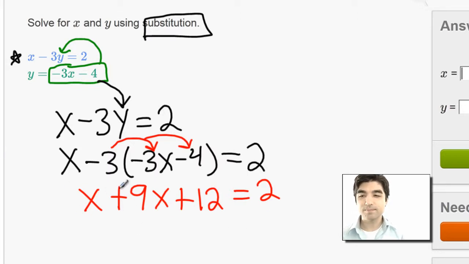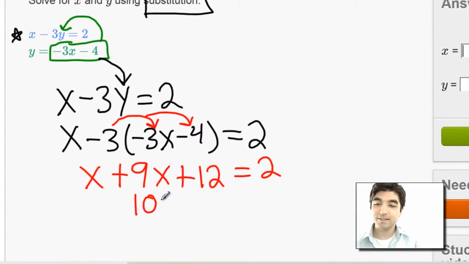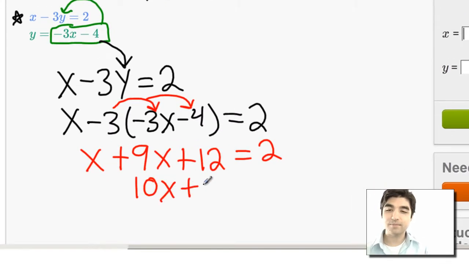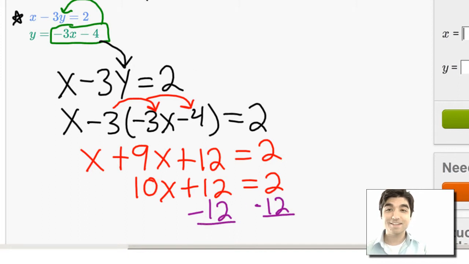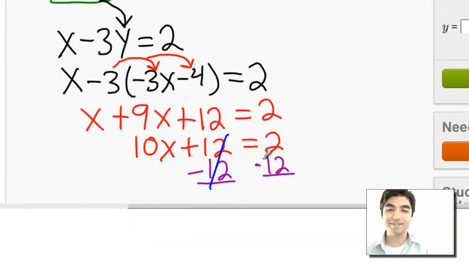Okay, so then we can combine the 1x and the 9x together to make 10x. Then we have 12 equals 2. We subtract 12 on both sides. If I pass out during this problem, don't worry, I'll be back.